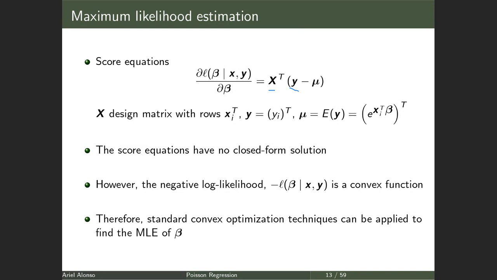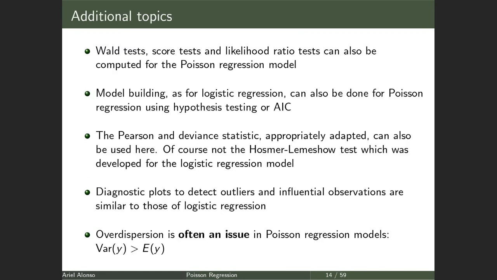And that means that you can use all these procedures we just mentioned to try to find the solutions of the equation. So here we have our model, we have the interpretation of the coefficients, and we have a procedure to estimate the parameters in the model.